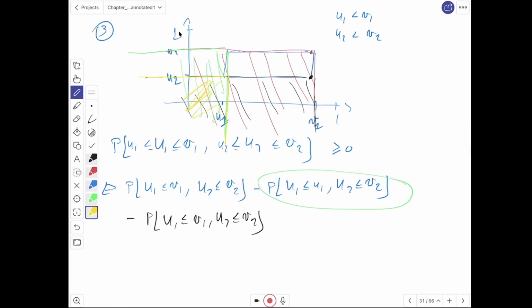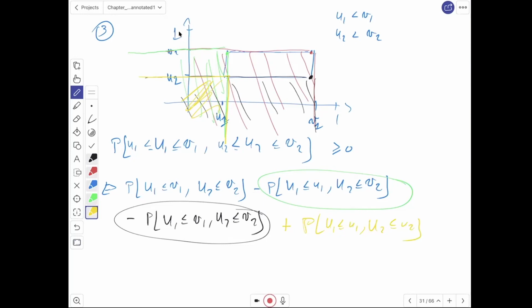It's contained in that green probability, it's contained in this black probability. So we have to add it one more time, right? You only want to subtract that one time, not twice. So I do it in yellow. You add the probability U1 smaller than U1 and U2 smaller than U2. Okay.